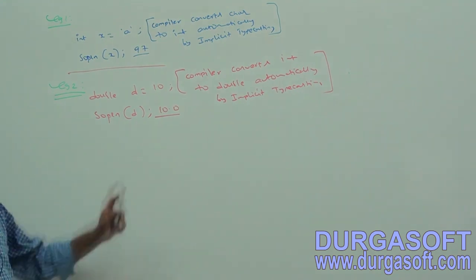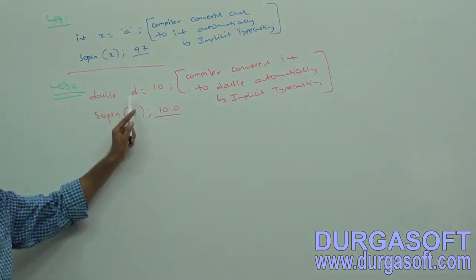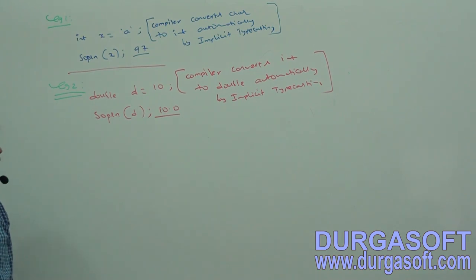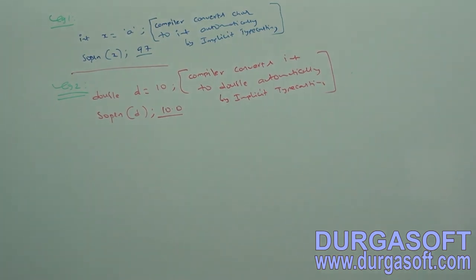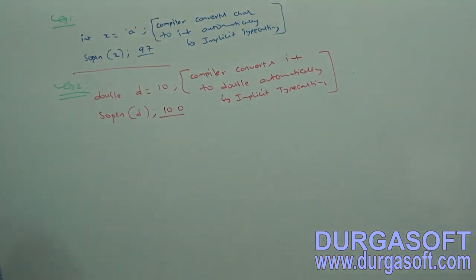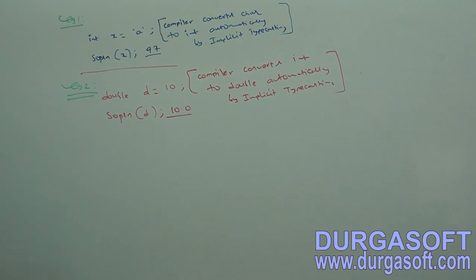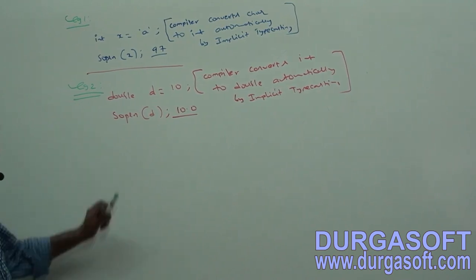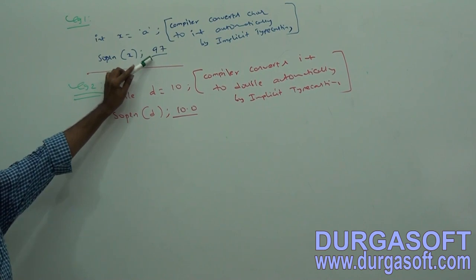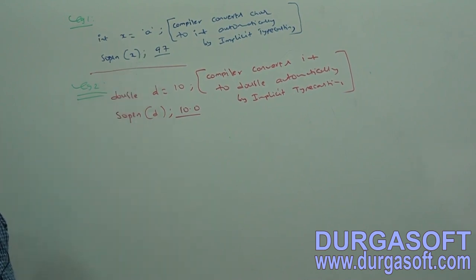That's all. Completed, I hope. The compiler converts int to double automatically by implicit typecasting. Next, the compiler converts char to int automatically by implicit typecasting.